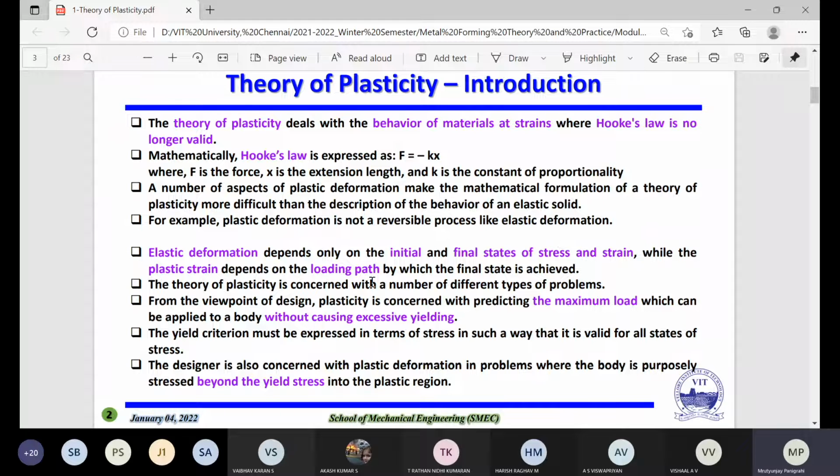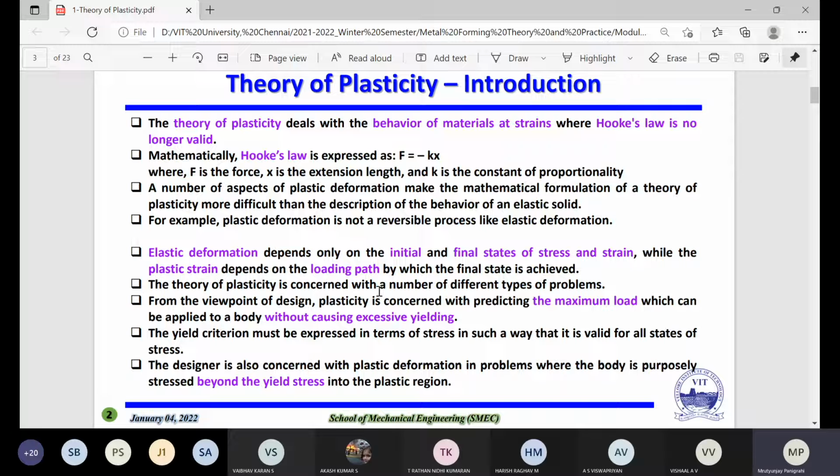Elastic deformation depends only on the initial and final state of stress and strain, while plastic deformation depends on the loading path. If you remember, compression, direct and indirect compression, tension, and torsion, we have already covered these.